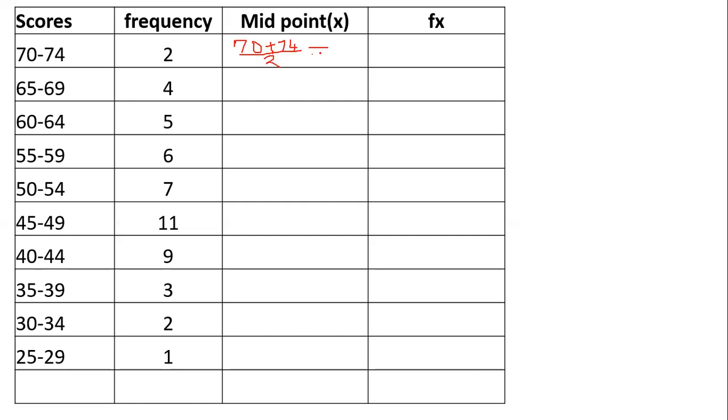This will give you 72. Then 65 plus 69 divided by 2, you will get 67.